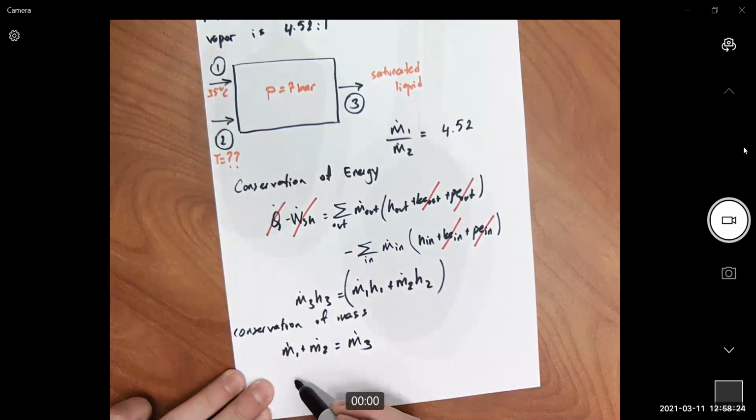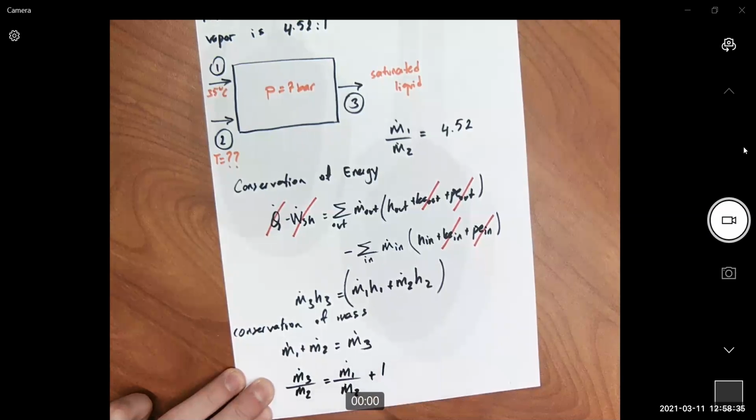And after rearranging this, M3 over M2 equals M1 over M2 plus 1. I divided both sides by M2.